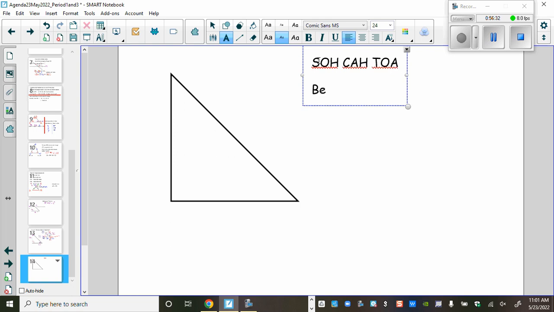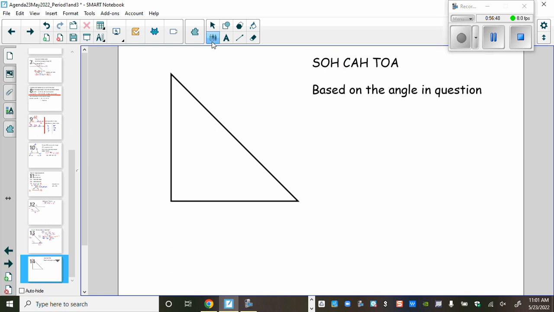This is all based on the angle in question. Like if I give you an angle, so let's say I give you an angle 36 degrees. There's 90. Let's say that's C. That's B. That's A.